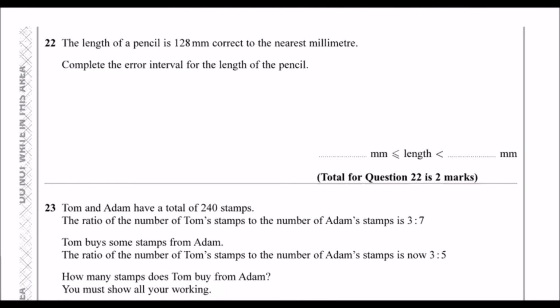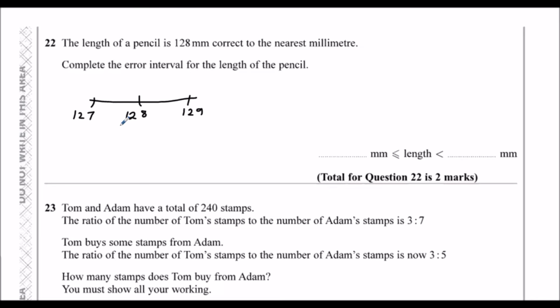Question 22. The length of a pencil is 128 millimeters, correct to the nearest millimeter. Complete the error interval for the length of the pencil. So it's 128 millimeters. The one above would be 129, and the one below would be 127.